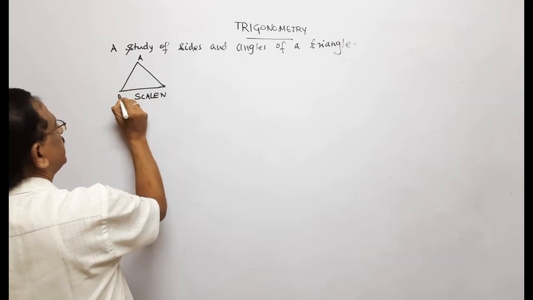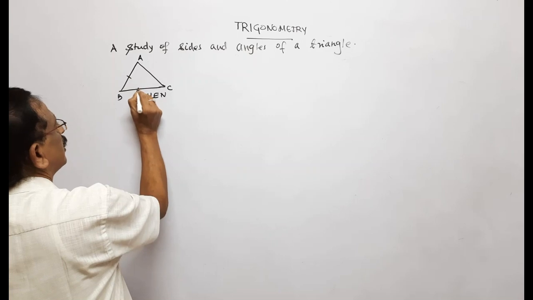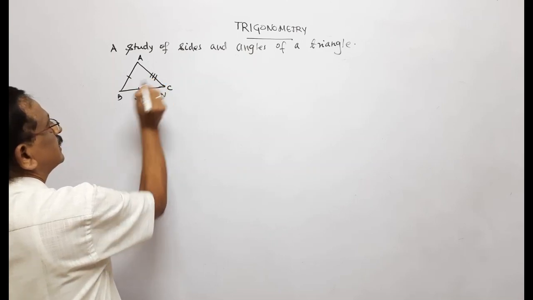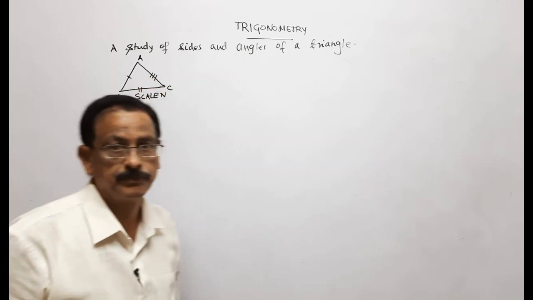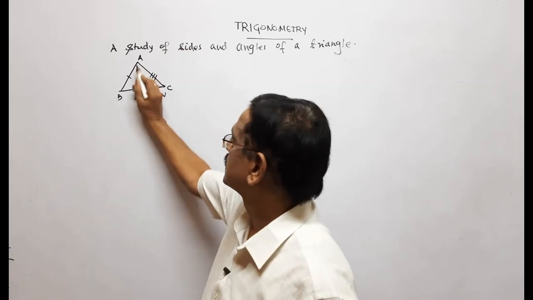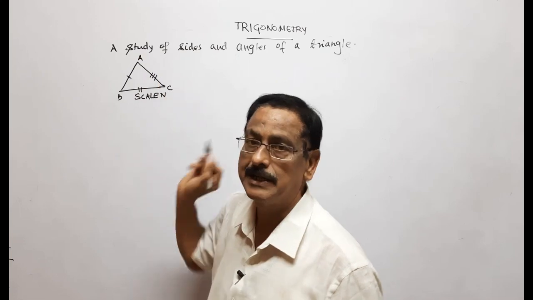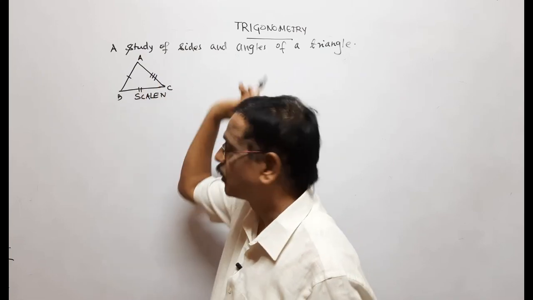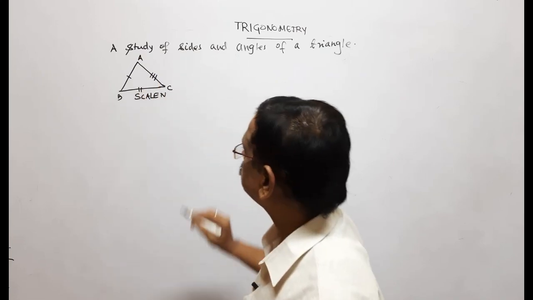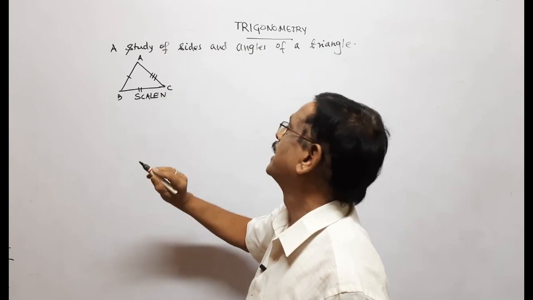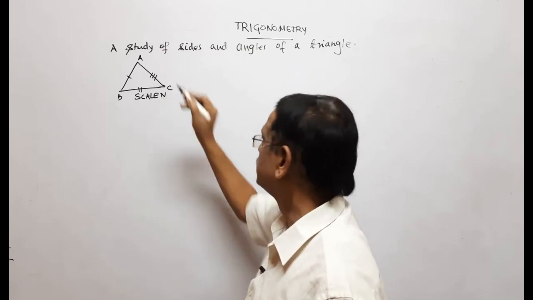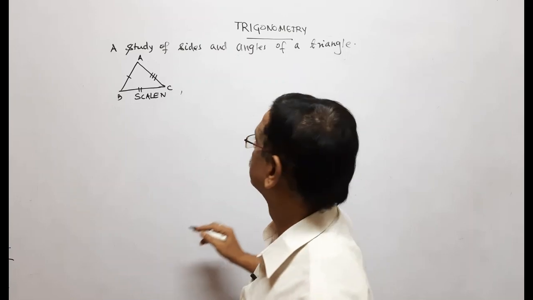I'll write down ABC, in which all the sides are distinct. They are not the same. AB is a side, BC is another side, CA is another side. They are not all equal. So if all the sides are distinct and different, it's called scalene.